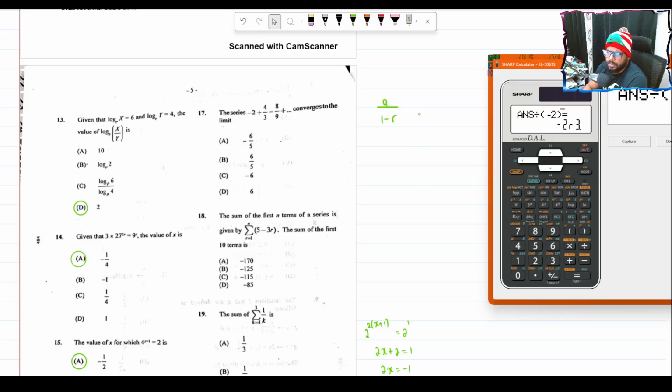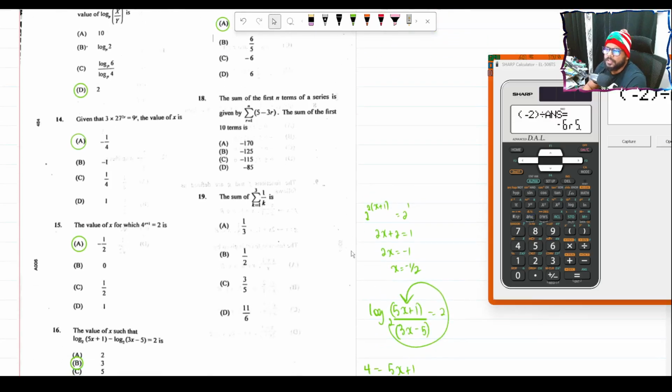It does work, and I believe this was a repeat question. So this is going to be minus 2 over 1 minus 2/3. That is 1 plus 2/3. And minus 2 divided by that, it's going to give me minus 6 over 5. The answer is A.